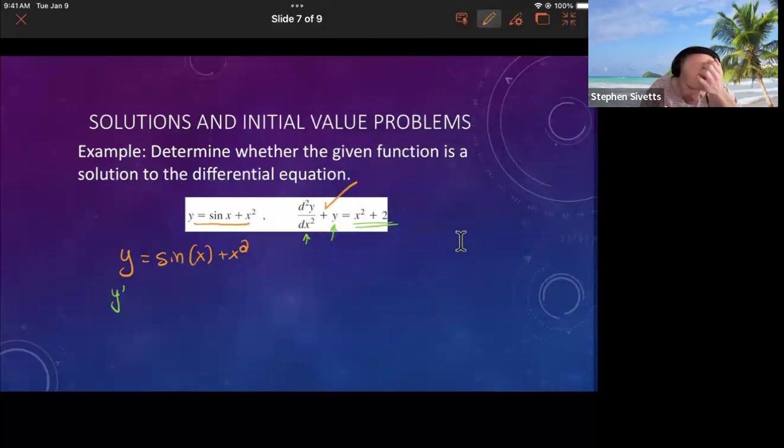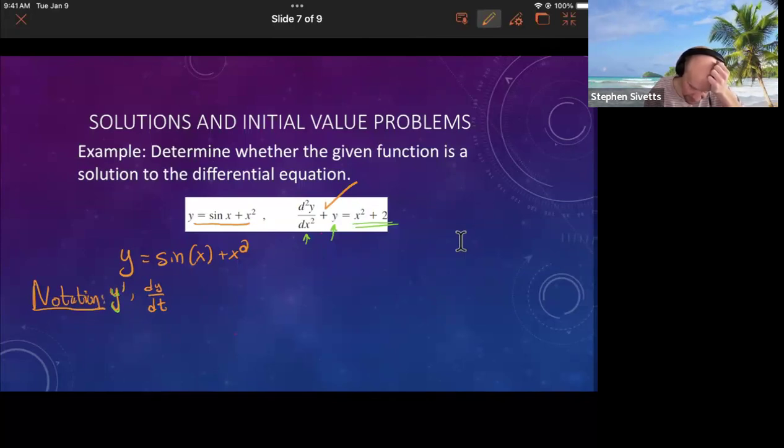Sometimes you'll see derivatives as y prime or dy dt, and this is the notation of the derivatives, but they mean the same thing.